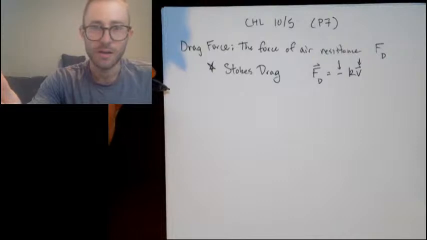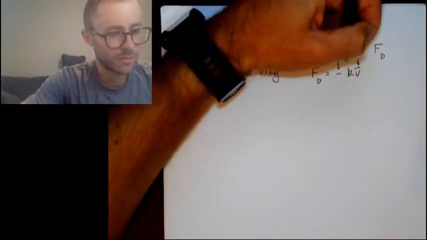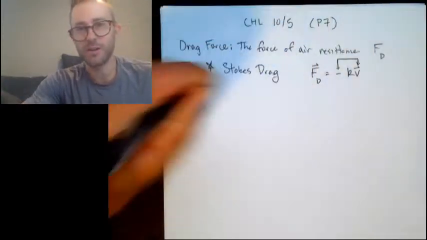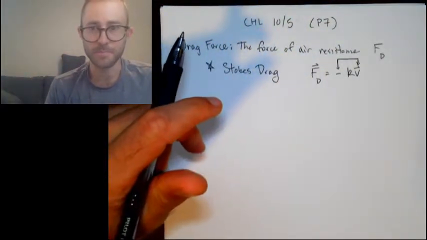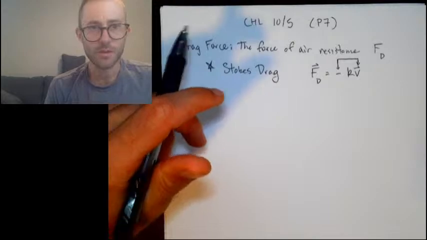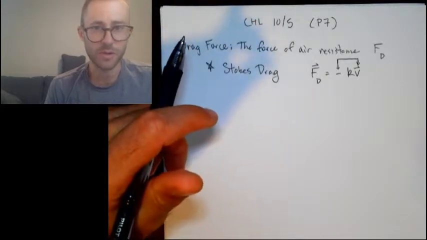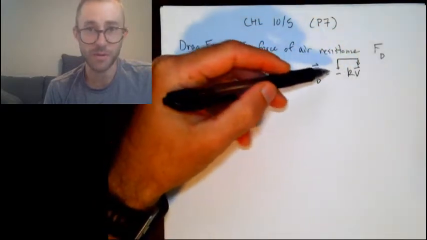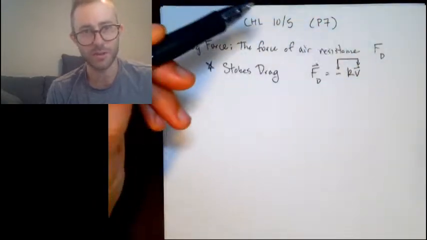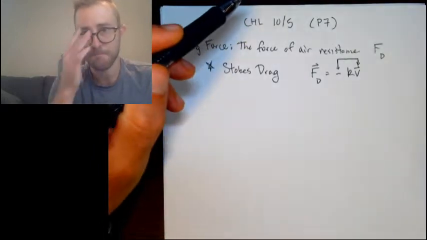Okay. So these two properties that you see right here are, no matter your model for the drag force, they are all going to have the property that they're oppositional and that they increase with speed. Okay.